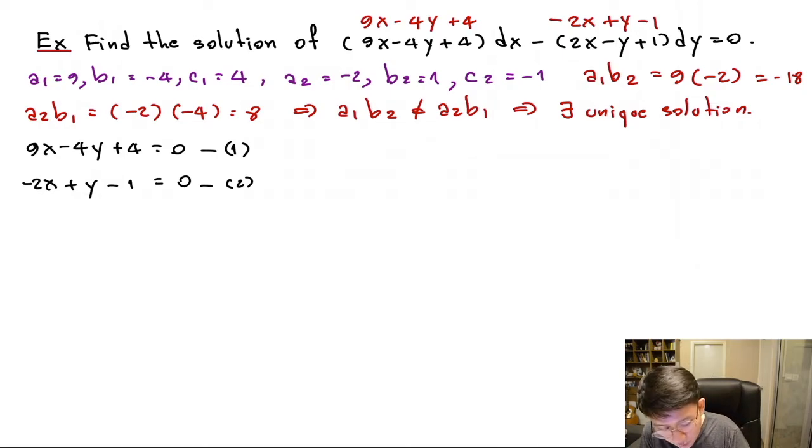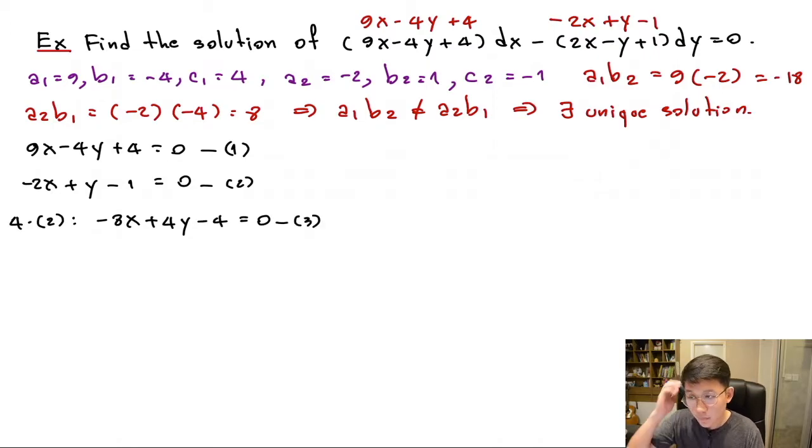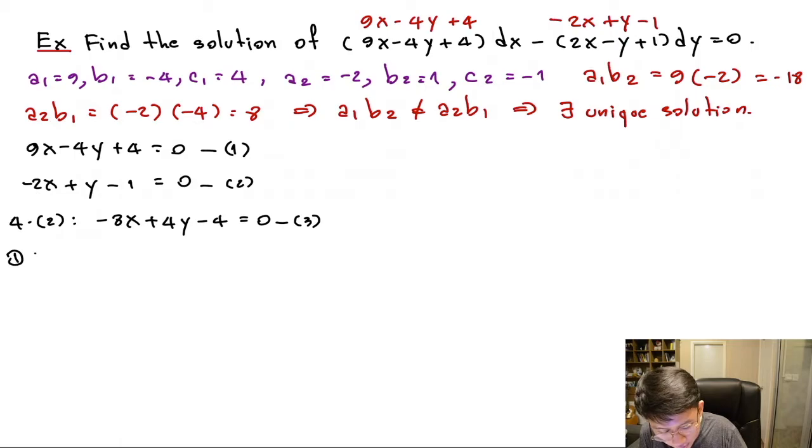So what I have is minus 8x plus 4y minus 4 equals 0, and I call this the third equation. After that, I use equation 1 plus equation 3.